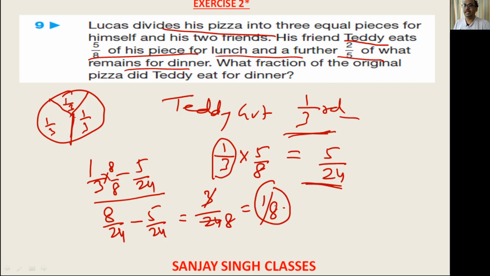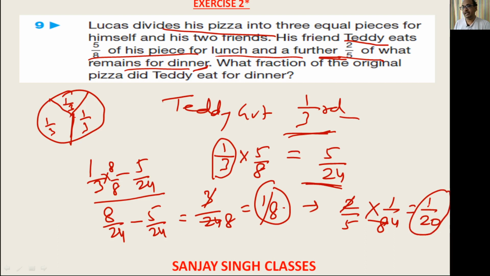From this 1 by 8, Teddy is having 2 by 5 of the remaining for dinner. So 2 by 5 into 1 by 8. This 2 by 8 cancels and we get 1 by 20.